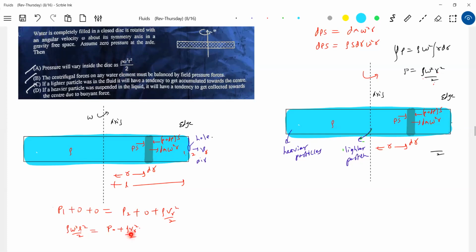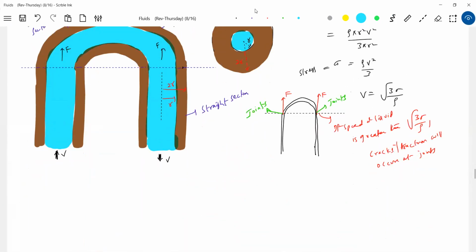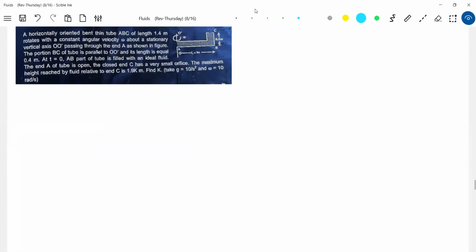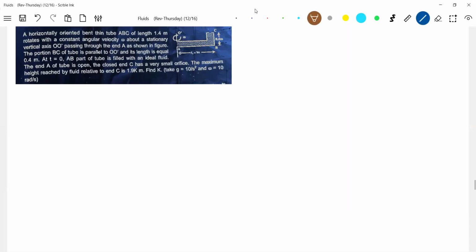Okay, got this? Let's take the same thing. I just made one question. Look at it now. Let me draw the diagram. So there is an unlimited way of asking things.